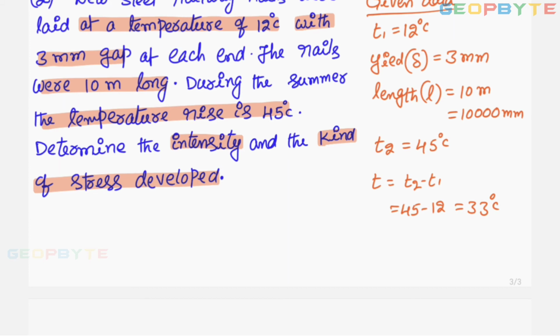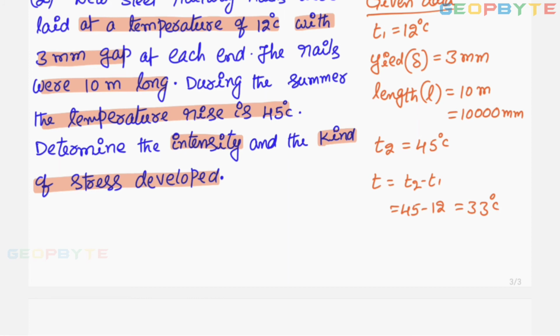First, let us decide how much length it is going to extend, because the allowed gap is 3 mm. The thermal stress are developed only when the elongation due to temperature rise is more than 3 mm, because the gap distance is given 3 mm.